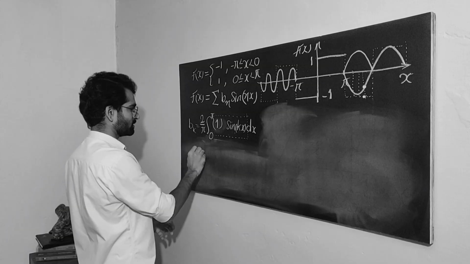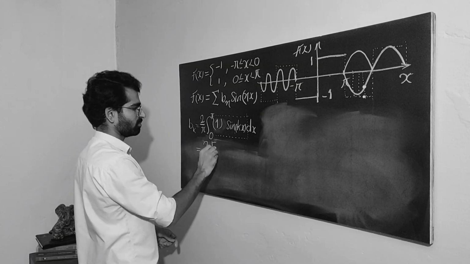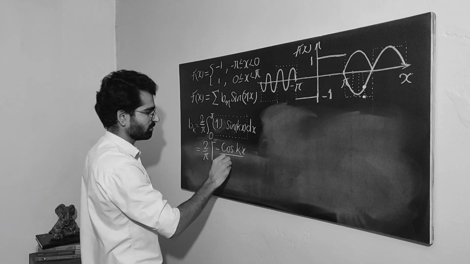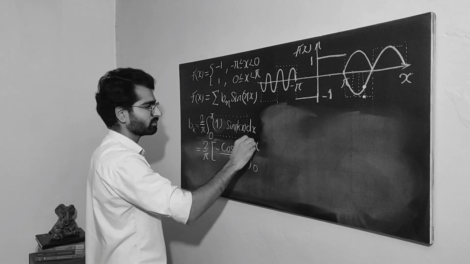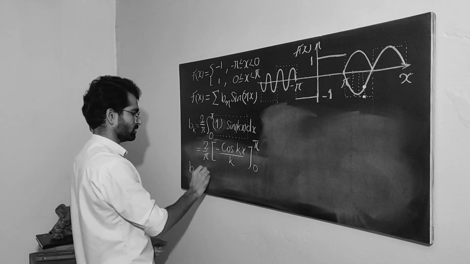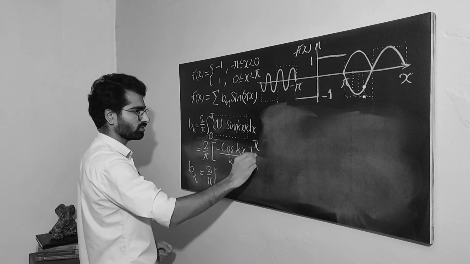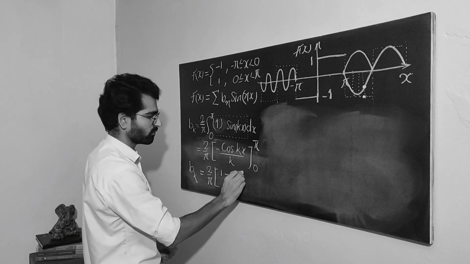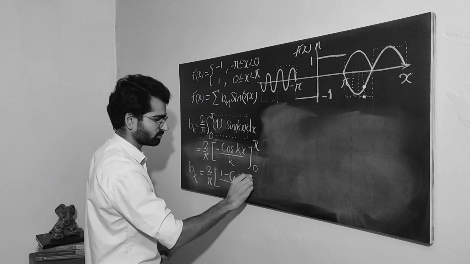So this becomes 2 over pi times minus cosine of kx divided by k, and you have to go from 0 to pi, and it's very easy to do. It's 2 over pi. When you evaluate it, it becomes 1 minus cosine of k pi divided by k.